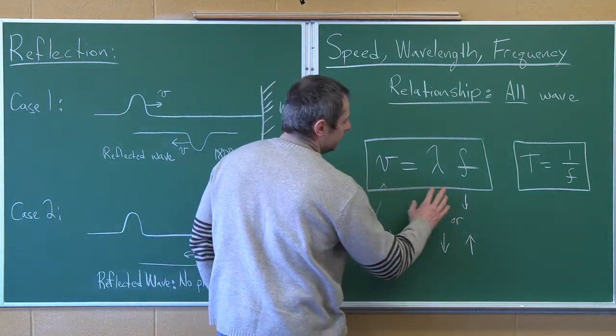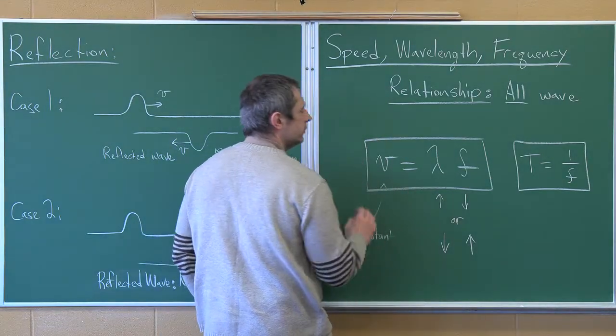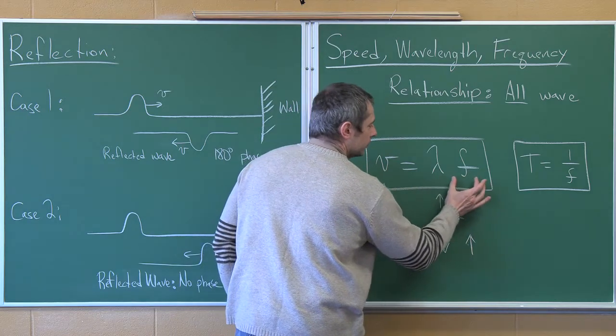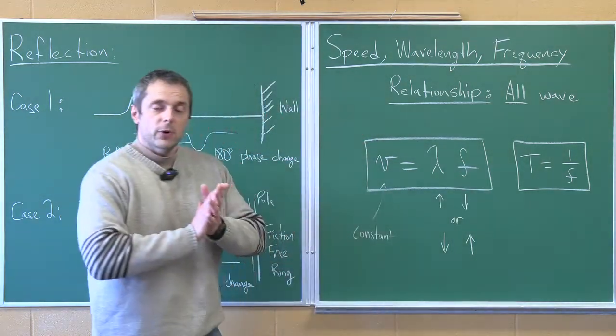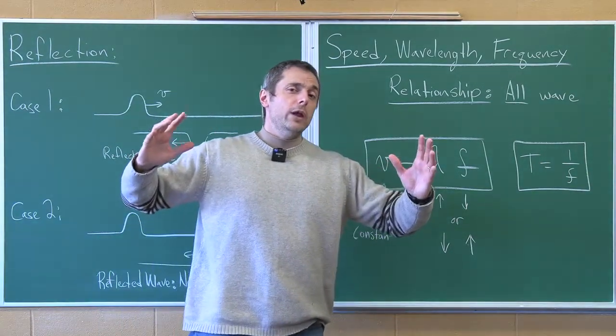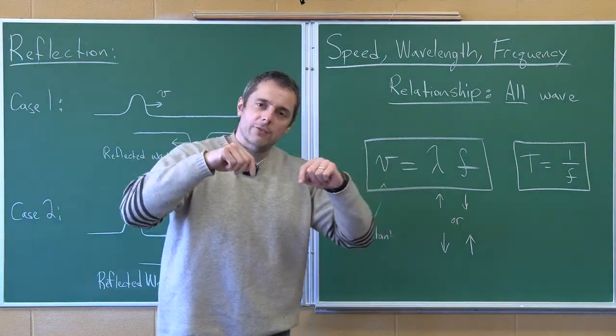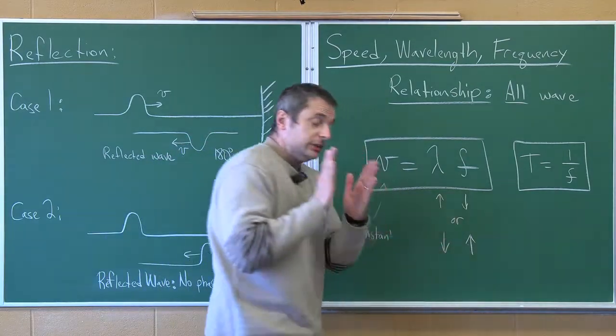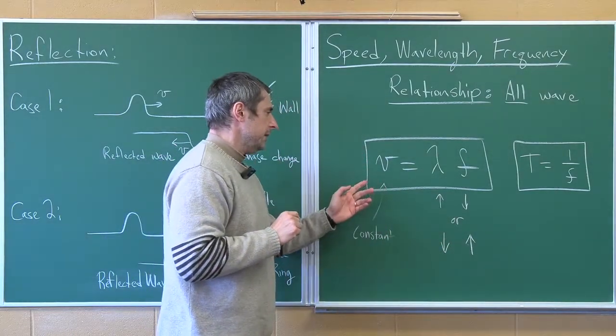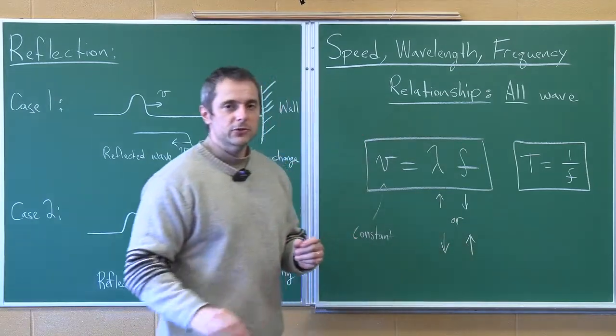What changes is, if this side of the equation is fixed, then there's an inverse relationship between wavelength and frequency. In other words, if one wave has a very long wavelength, then it'll have a very small frequency. And if another wave has a very short wavelength for the same speed, then it has a high frequency.